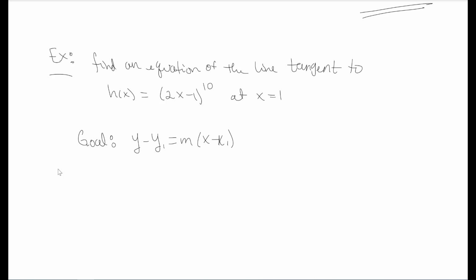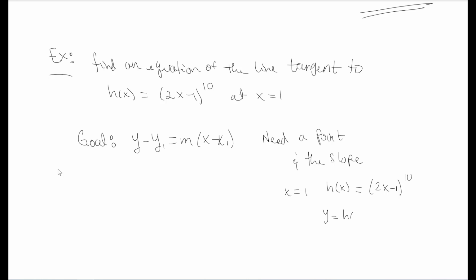So remember, to find the equation of a line, you need a point and we need the slope. We have the point where we've given x. So for h of x, we know that x is 1. So in h of x equals 2x minus 1 to the 10th, what's y?